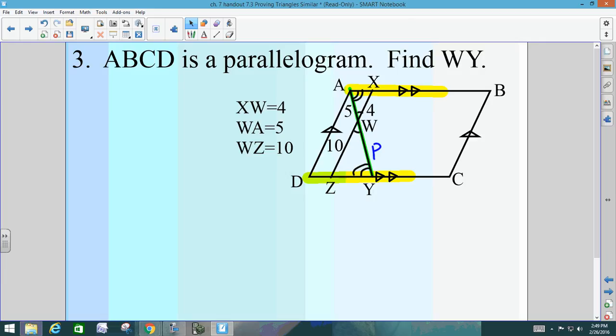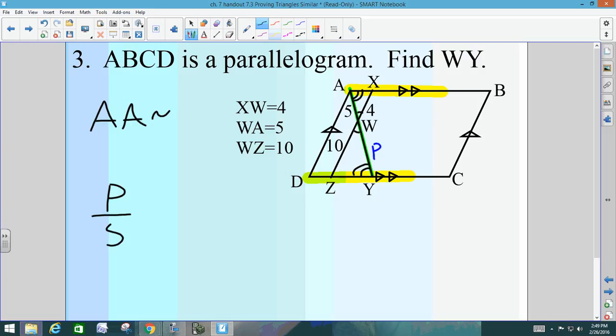What does that tell us about the 2 triangles then? They're similar by what? Okay, so Gracie, now that we know the triangles are similar, can we set up a proportion? Good. I'm going to start with the unknown. P, well, in the bottom triangle, corresponds with what? 5, good.